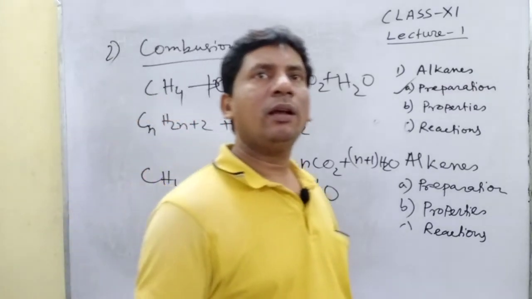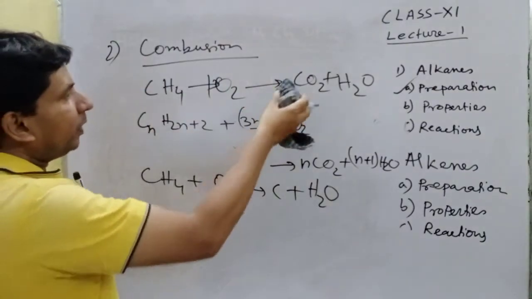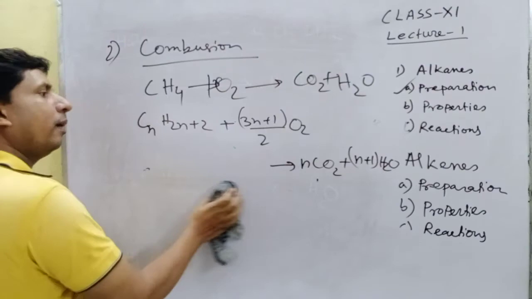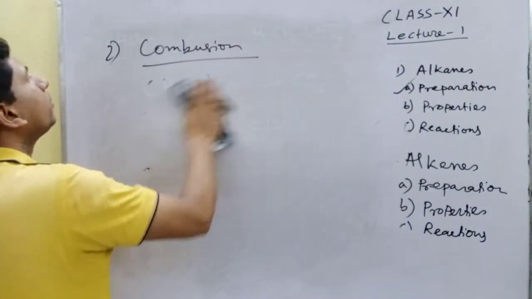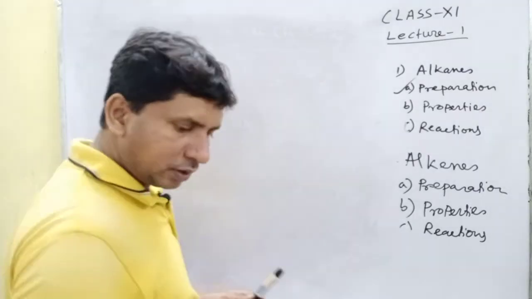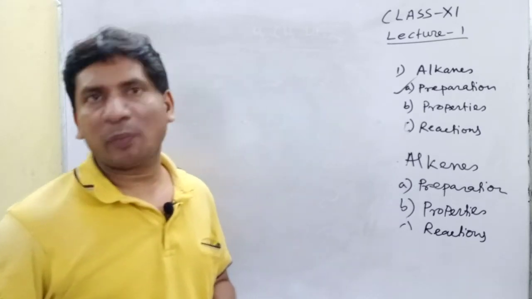This is incomplete combustion. And for complete combustion, the previous type of reaction may occur. This is very important for the mole concept chapter. Otherwise this is not so important.